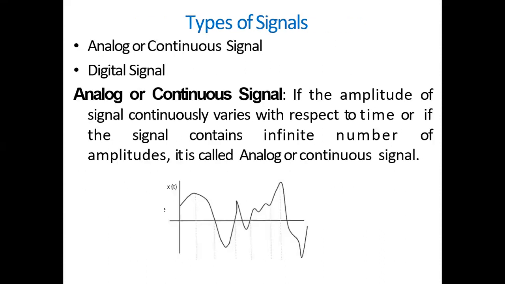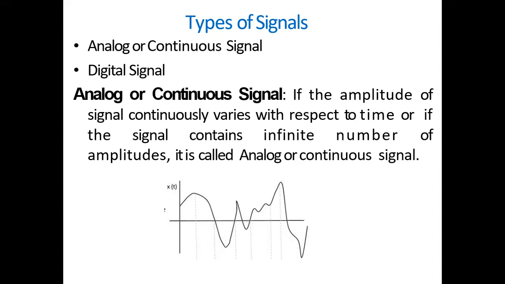If we see the types of signals, we have two types: analog signal and digital signal. We can call an analog signal a continuous signal also. Why?